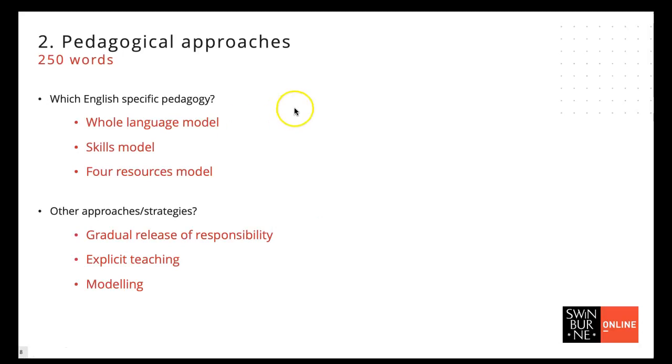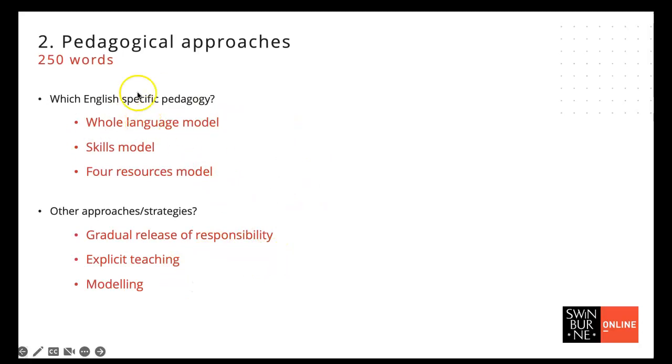because you are going to have to write a justification in 250 words. So you need to explain how this particular model has been used in your unit and why it is effective. You could also use things like gradual release, explicit teaching, modeling, things like that.